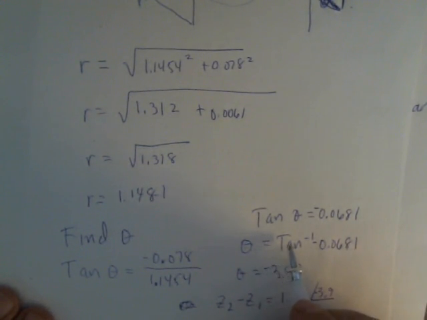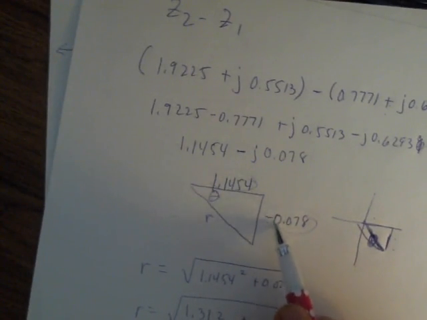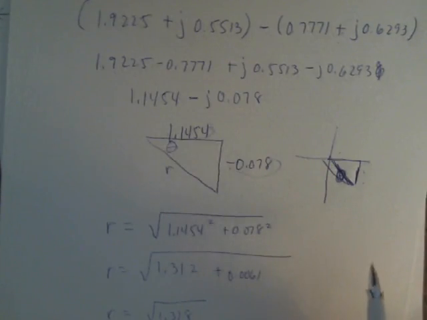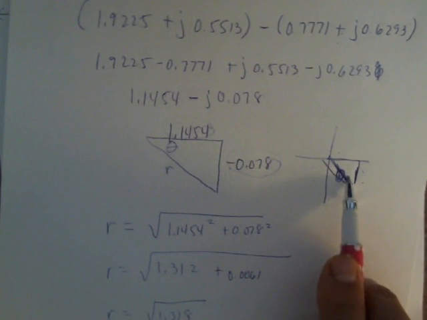Even if you use the other ratio and did not use the opposite side, just know that since we do have this triangle here, this angle must be negative because it's down here in the fourth quadrant. So if you leave off a negative sign, you're going to miss it.